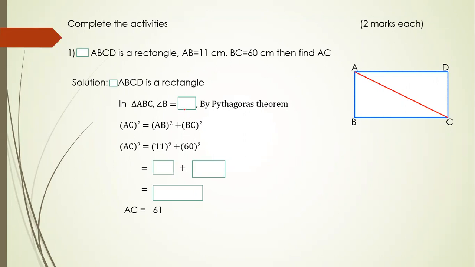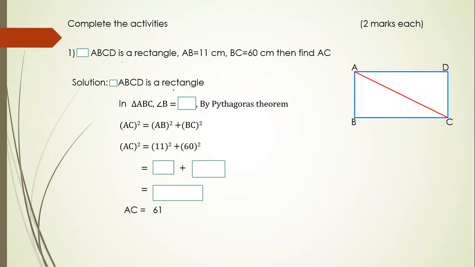You have to fill the boxes. So in 2 mark sum, there will be 4 boxes and each box carry half mark. So when you write the answer of one box right, you will get half mark. Okay. So you just have to fill these boxes. But for filling these boxes, you need to understand the sum. Okay. So let's start.